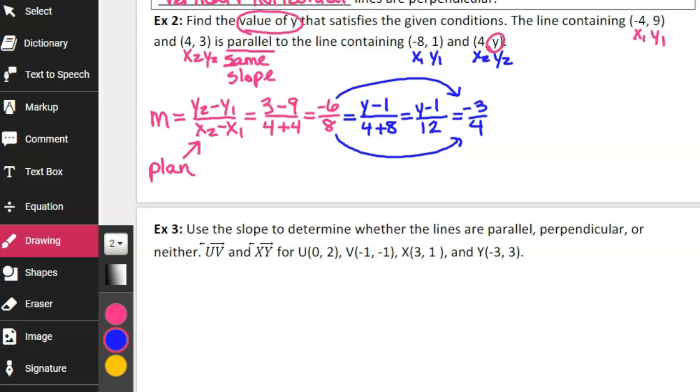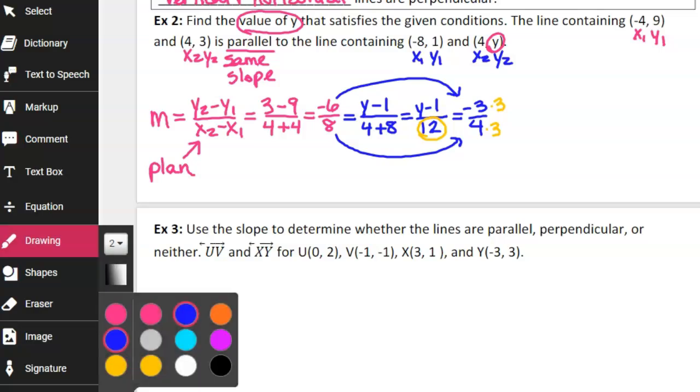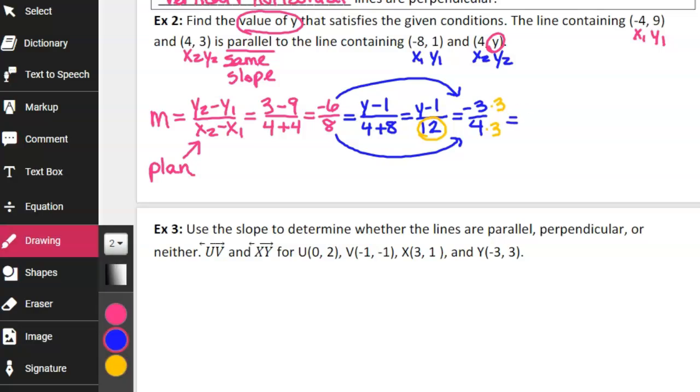But in order to compare, I need fractions that have the same denominator. If this denominator is 12, then I need this denominator to be 12. So I want to multiply by 3 and multiply by 3. So -9 over 12. Well, my denominators are both 12.